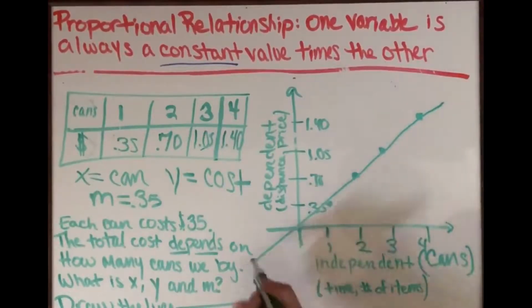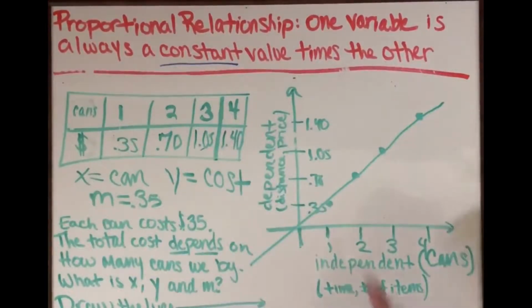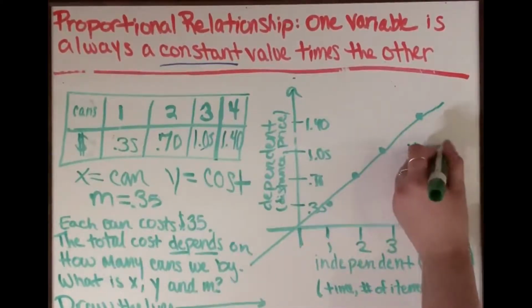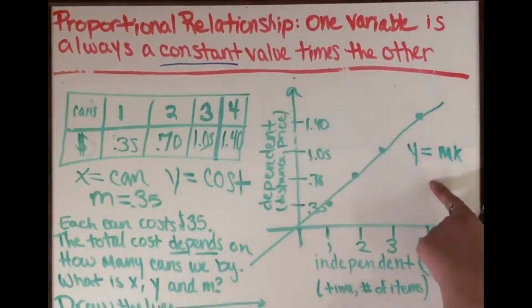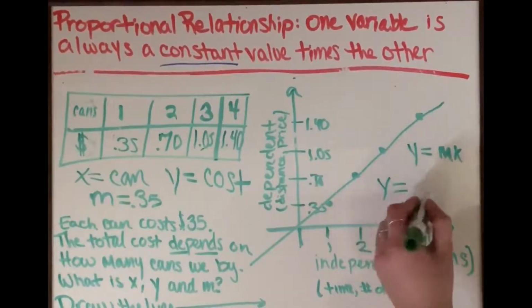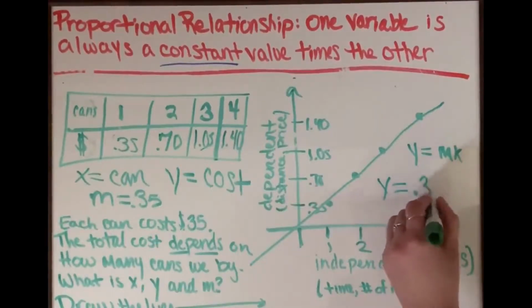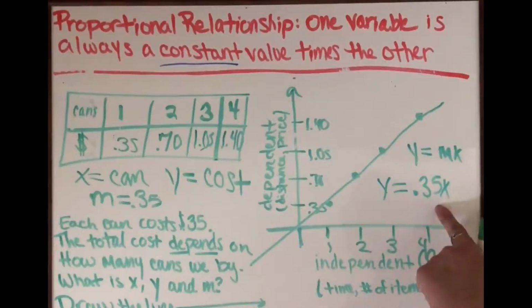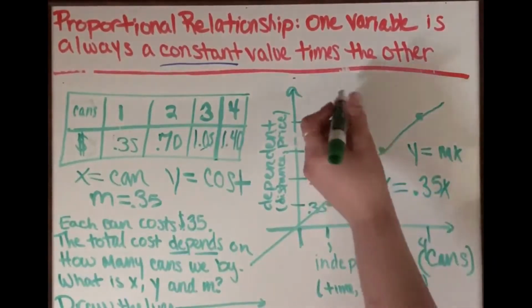So we have this line that can be written y equals mx plus b, or y equals mx, or y equals 0.35x, where 0.35 is our slope.